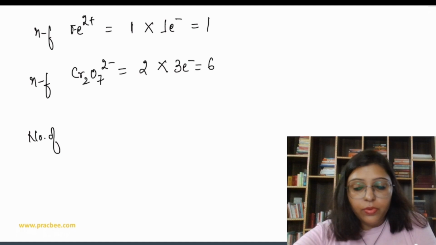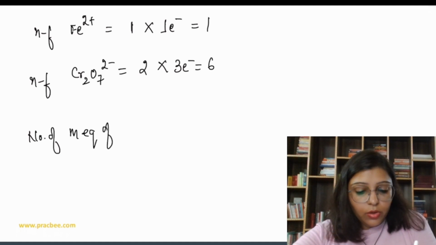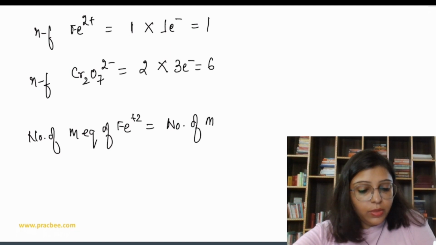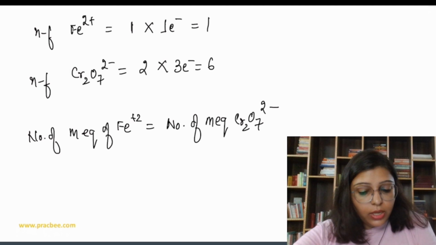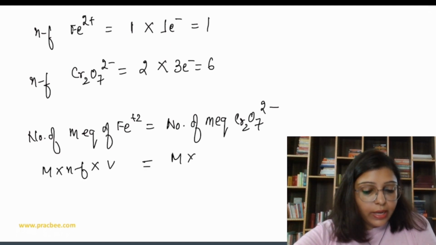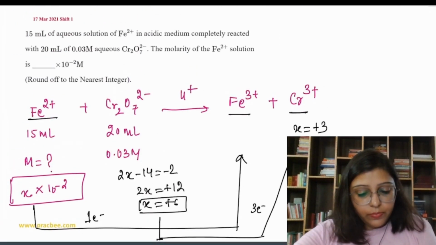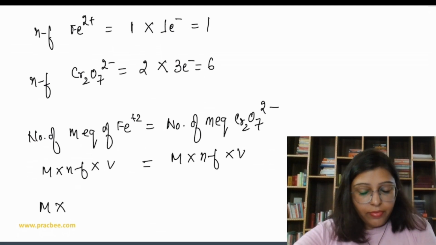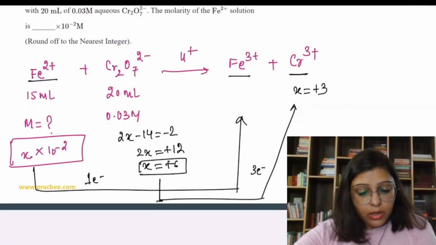Now number of milliequivalents of Fe2+ is equal to number of milliequivalents of Cr2O7 2 minus. So here molarity into n factor into volume, and here also molarity into n factor into volume. So molarity of Fe2+ we have to find, n factor 1 and 15.